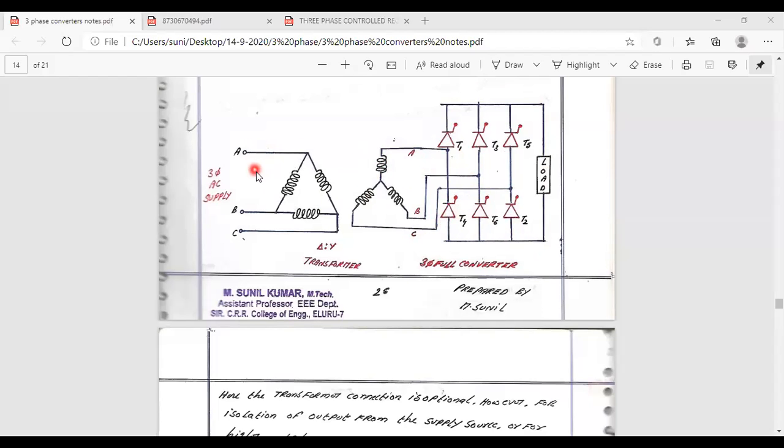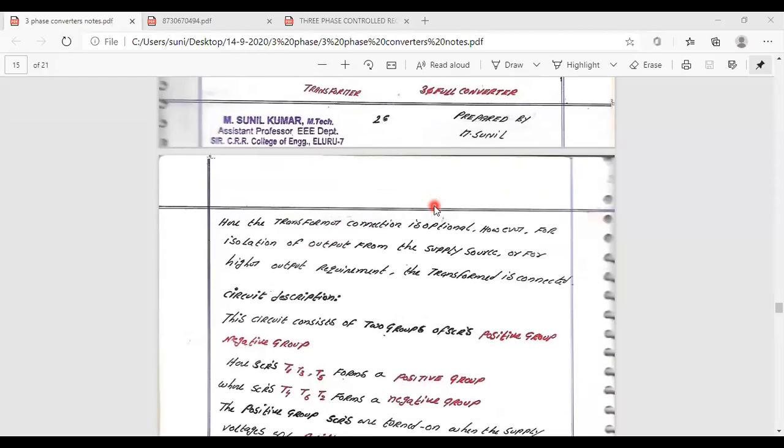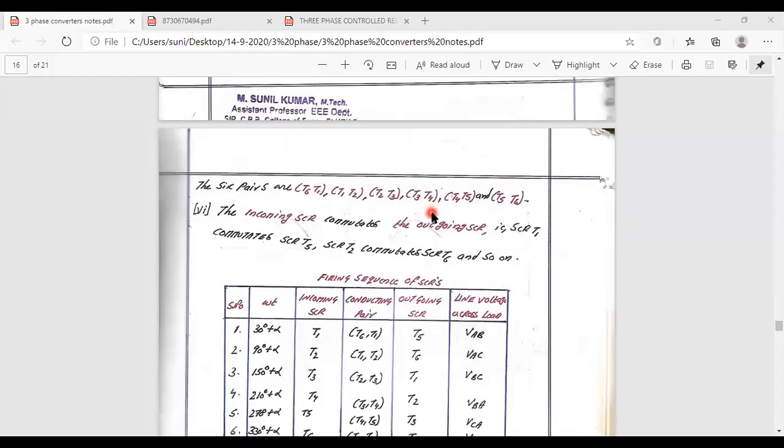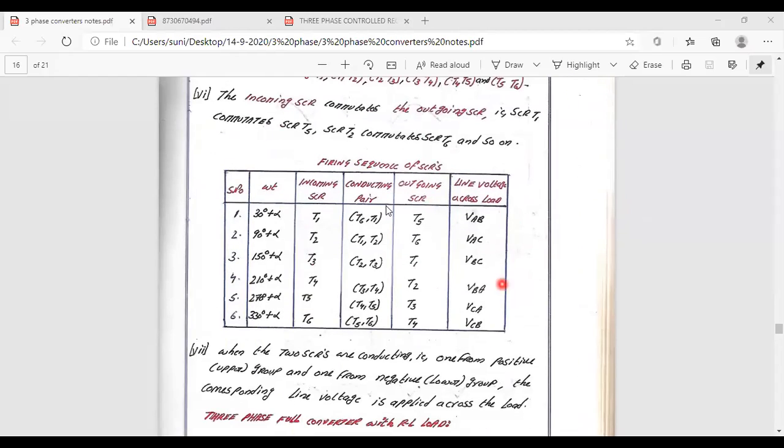Hopefully this is completed, and then simply draw this table for this session, the phase sequence of SCRs.